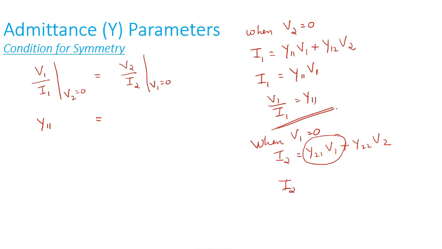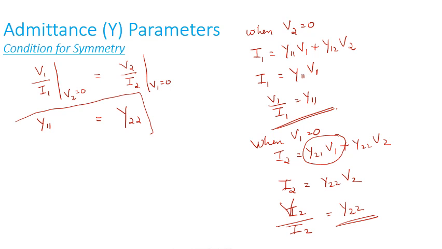So I2 equal to Y22 into V2. Then we will get V2 by I2 equal to Y22 when V1 is 0. So this is the condition for symmetry. For the network to be symmetrical, Y11 should be equal to Y22.